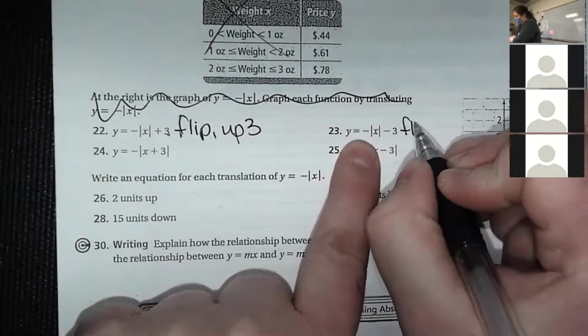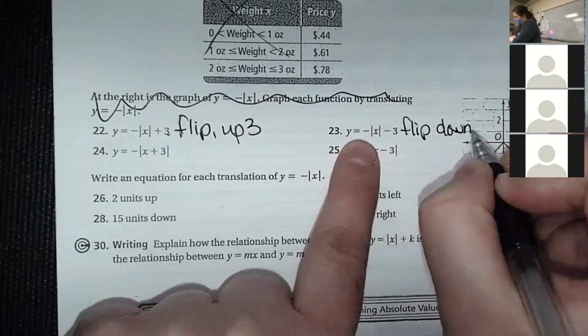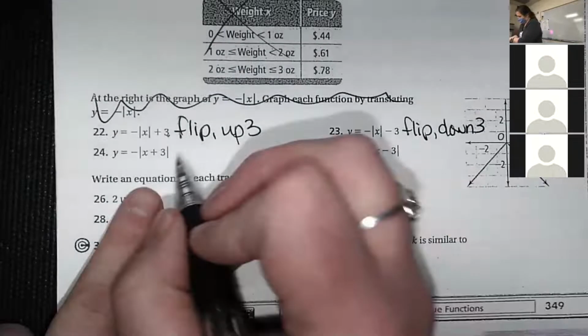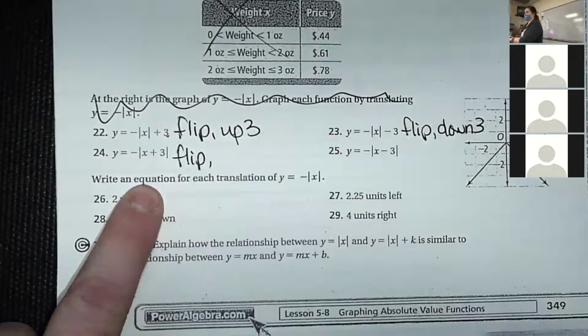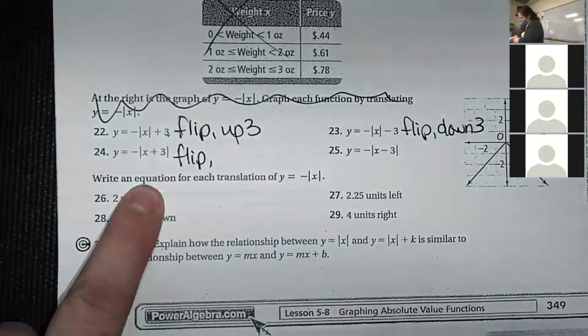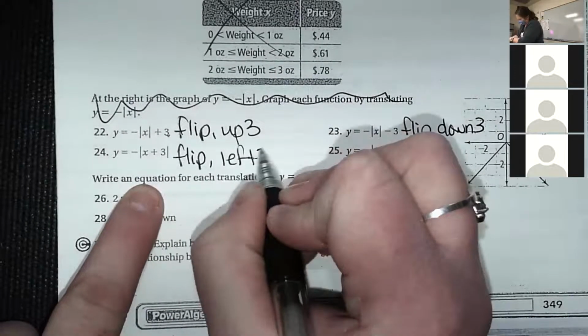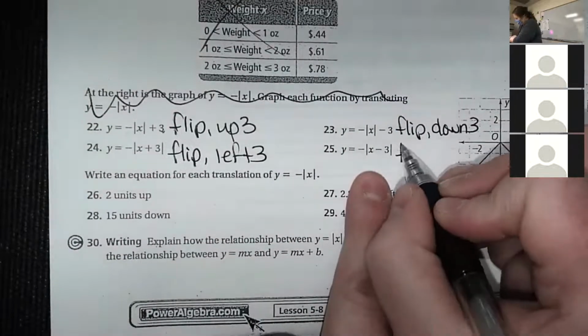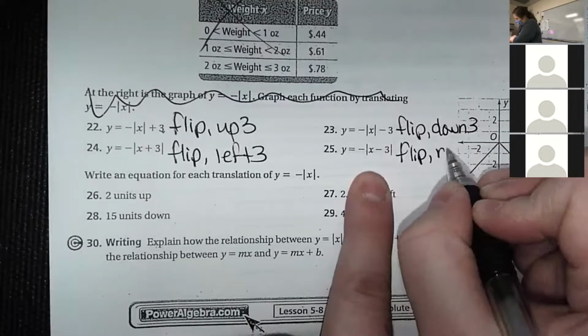Flip, and then down 3. 24. Flip, and then that +3 would be left 3. Yep. And 25. Flip, right 3.